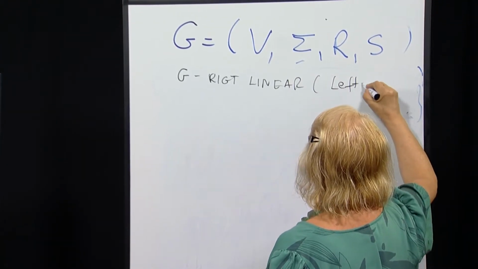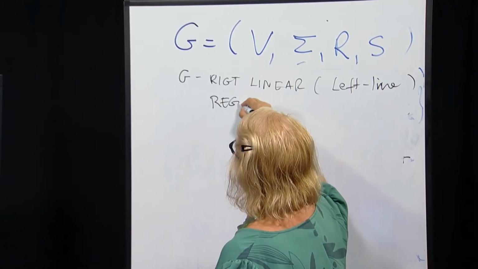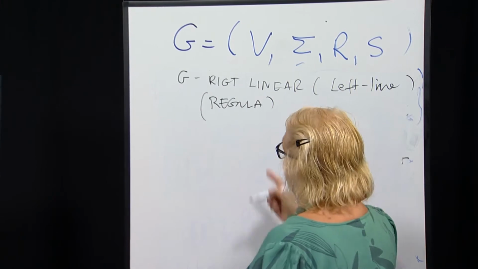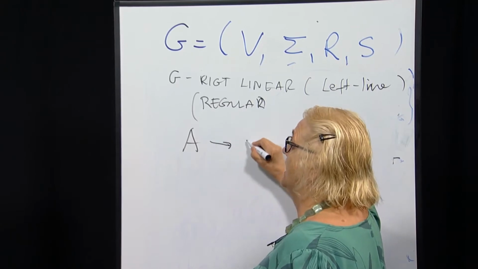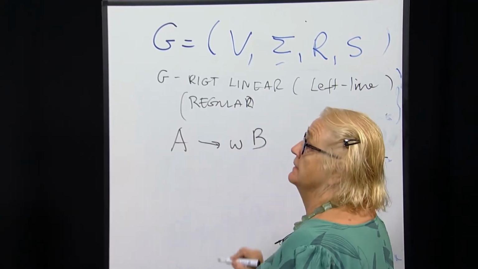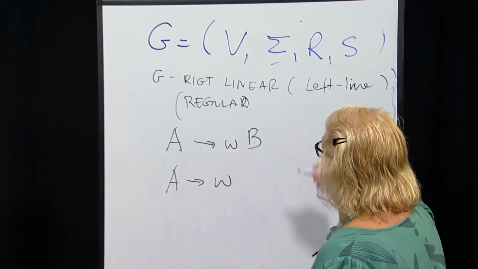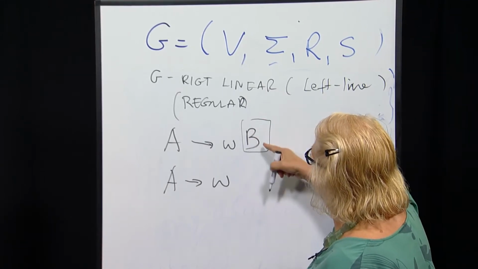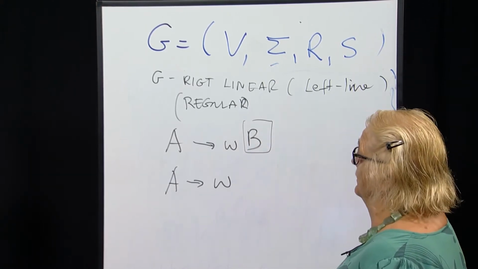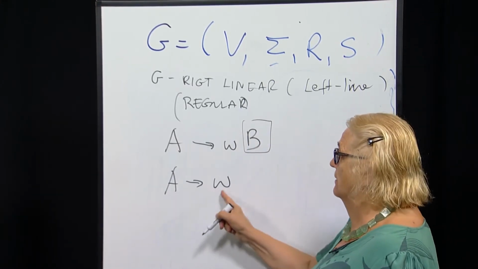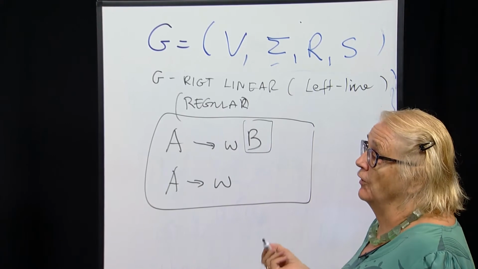You can also have left linear, or we use the word regular because if our rules are A to W B, there are two kinds of rules only, A to W. You say right linear because you end on the right side of the W, you have a non-terminal, or just A replaced by W. So this is a subset of context-free.